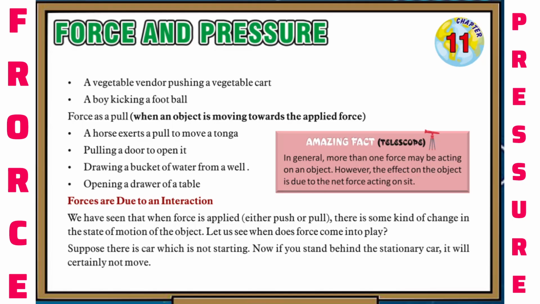Now, forces are due to an interaction. We have seen that when force is applied, either push or pull, there is some kind of change in the state of motion of the object. Let us see when does force come into play. Suppose there is a car which is not starting. Now, if you stand behind the stationary car, it will certainly not move.